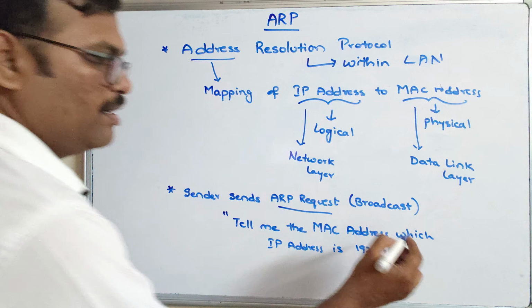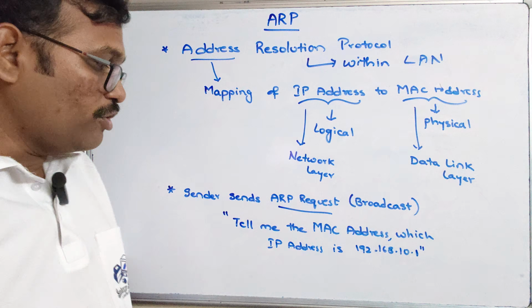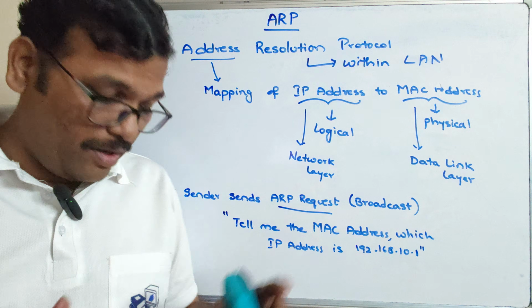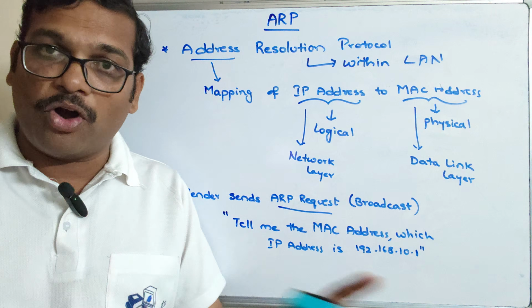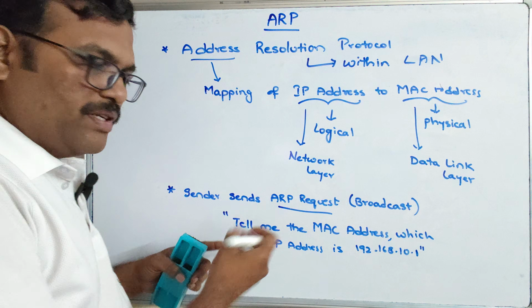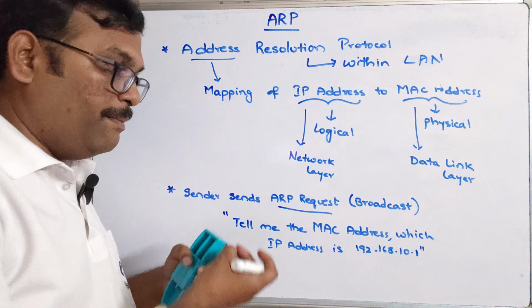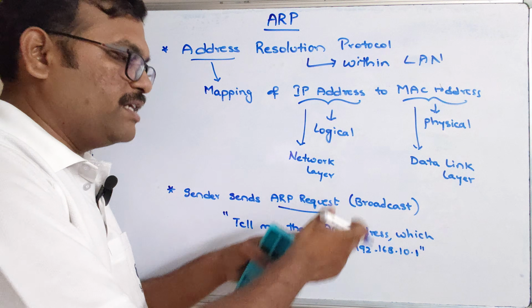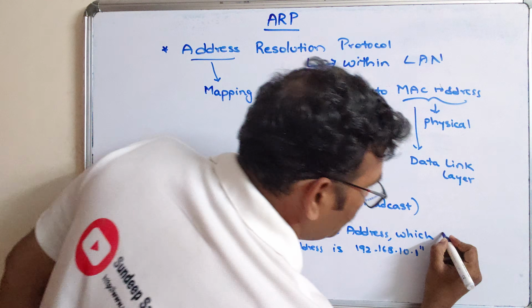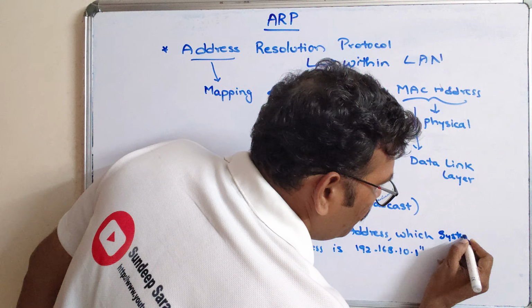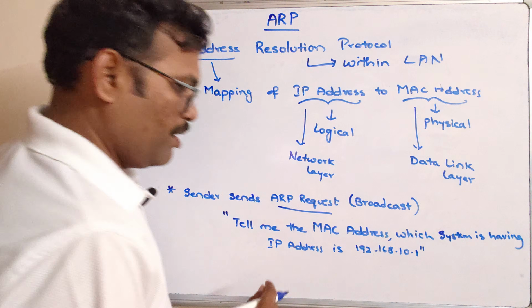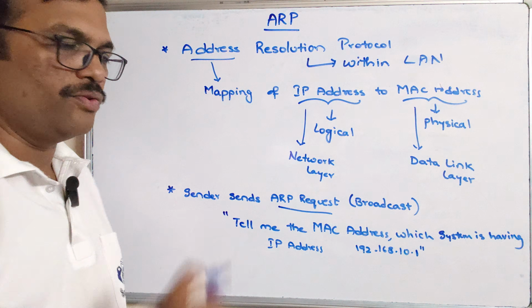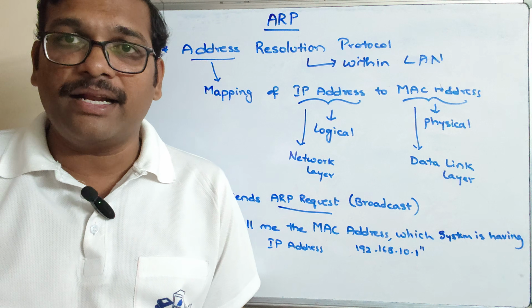Let us take one simple IP address. So this is the ARP request. The sender sends the ARP request to everyone, so it is a broadcast. It is a message like, tell me the MAC address: which system is having IP address so and so? It is asking about the MAC address.